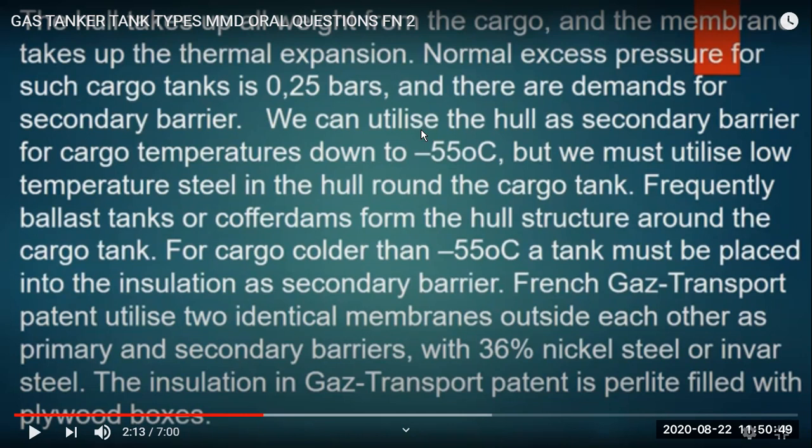So we'll see the French Gaz Transport patent utilizes two identical membranes. Same membranes are there for the first membrane and outer membrane, that is the primary barrier and the secondary barrier. And each is made of 36% nickel steel or Invar steel, depending on the requirement. And the insulation is of perlite, which is filled in plywood boxes.